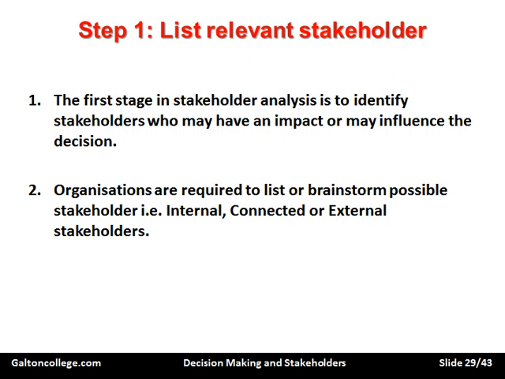They may have to do this by brainstorming possible stakeholders, looking at the internal, the connected and the external stakeholders. Just simply listing out all of the stakeholders that they think are involved, and widening the input on that list to make sure that the list is reasonable and as comprehensive as it can be.